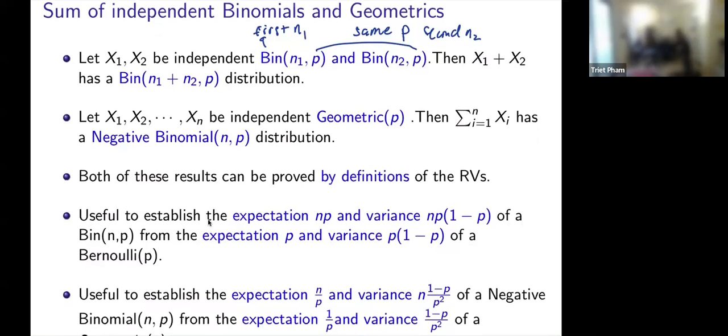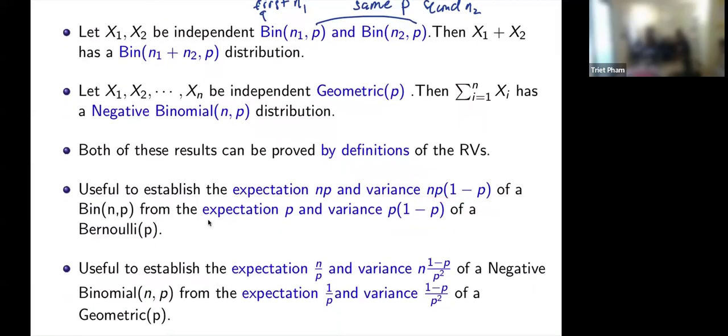The whole point is not just to establish these connections, but that they help us derive the expectation and variance of a binomial from those of a Bernoulli. It's easier to calculate the expectation and variance of a Bernoulli, but not that easy to calculate them for a binomial using the definition.